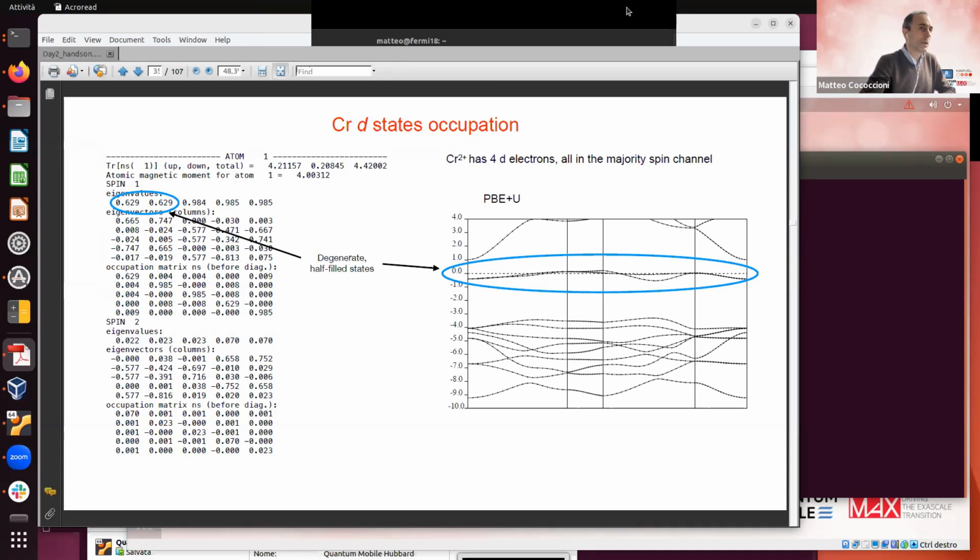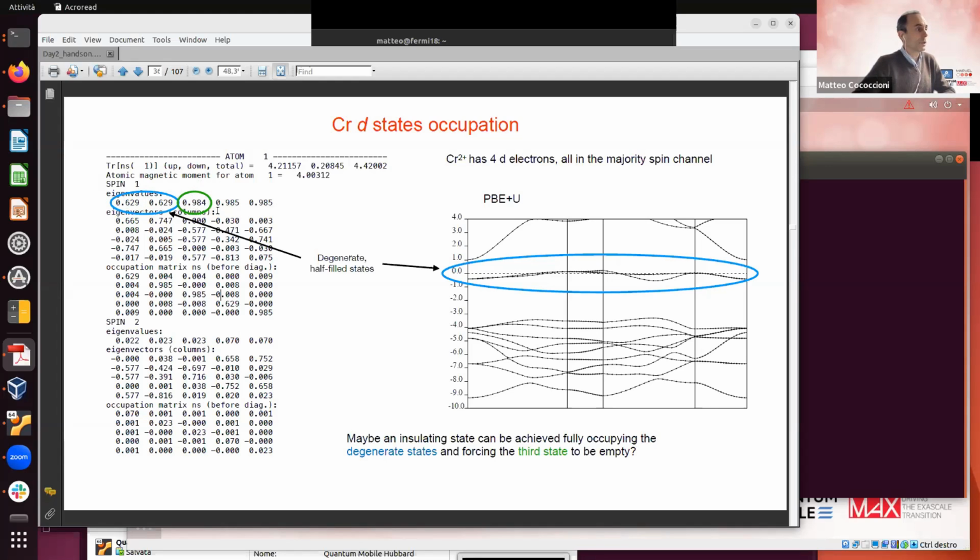So can we maybe play the same trick that Yuri was showing this morning to get an insulating state for the iron monoxide? How could we play that trick? So we need to find place for 4 electrons, right? Since we have these splittings between chromium D states, we have a group of 2 here, and then a single state.